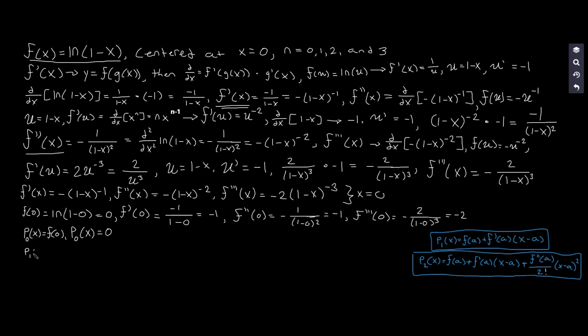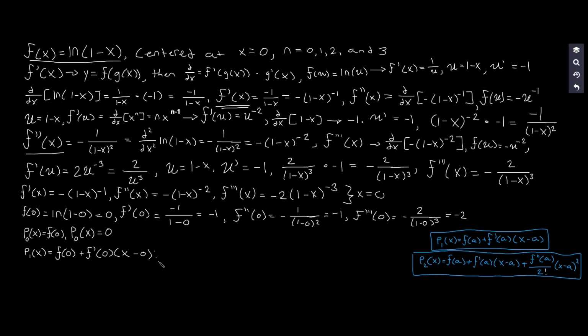P sub 1 of x equals f of 0 plus, and we're just plugging it into this formula here because a is set to 0, f prime of 0 times x minus 0.